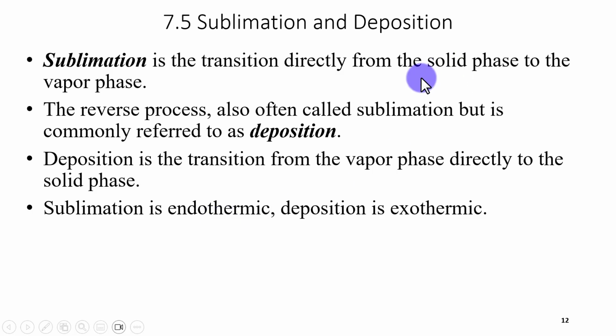Sublimation is endothermic because the solid molecules need energy to overcome intermolecular forces to move into the vapor phase. But deposition is the opposite, it is exothermic. The energy that the molecules have in the vapor phase needs to be given off before they can actually be deposited back into the solid phase.